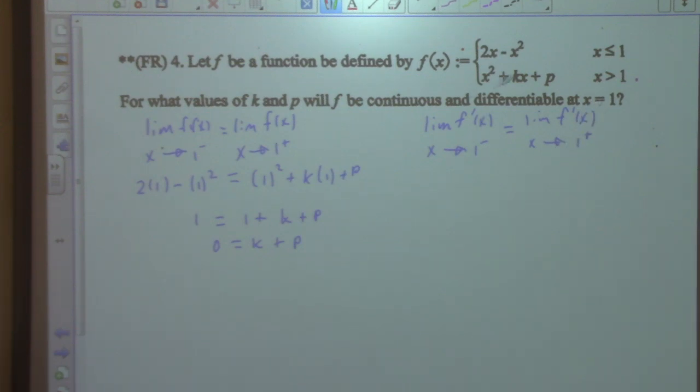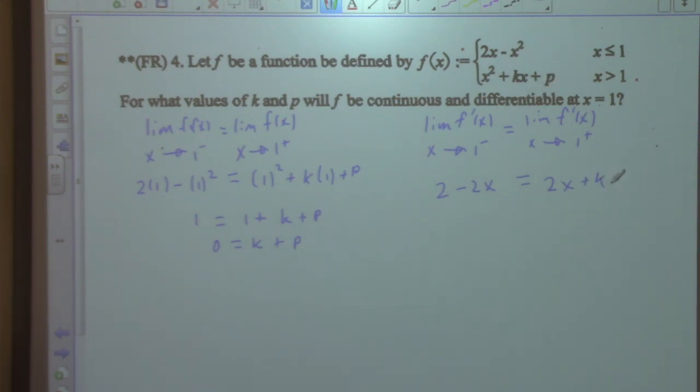So now we take the derivative. The derivative is going to be 2 minus 2x. And what's the derivative of the right side? 2x plus k, because the derivative of p is 0.